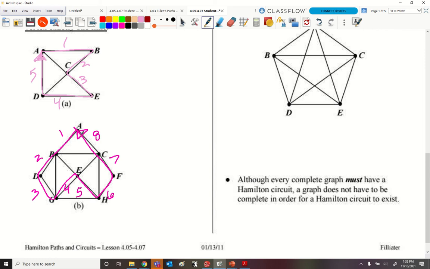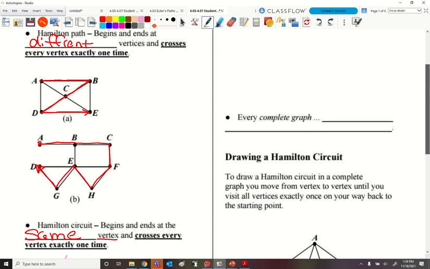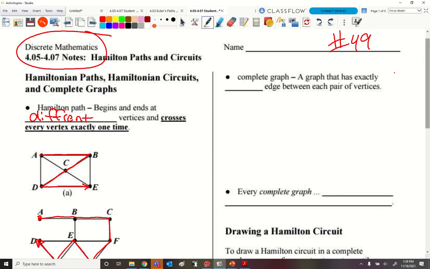All right, so let's go up to here. Now, for this vocabulary we have here says complete graph. A complete graph is a graph that has exactly 1 edge between each pair of vertices.